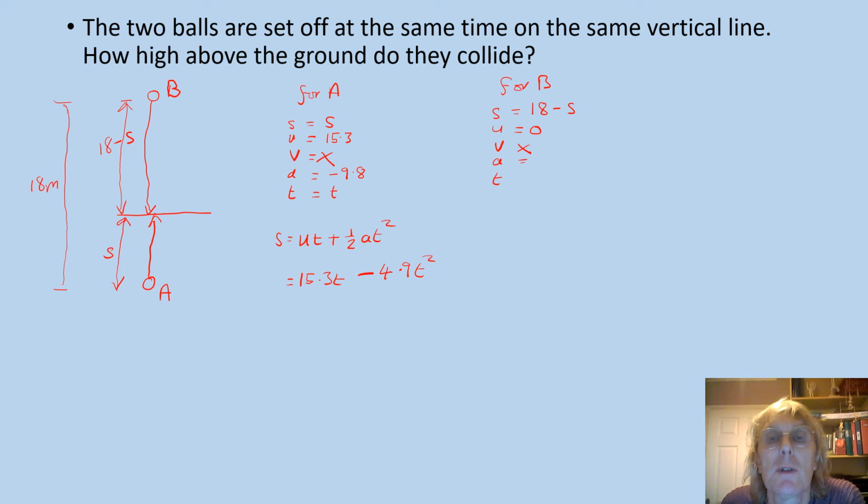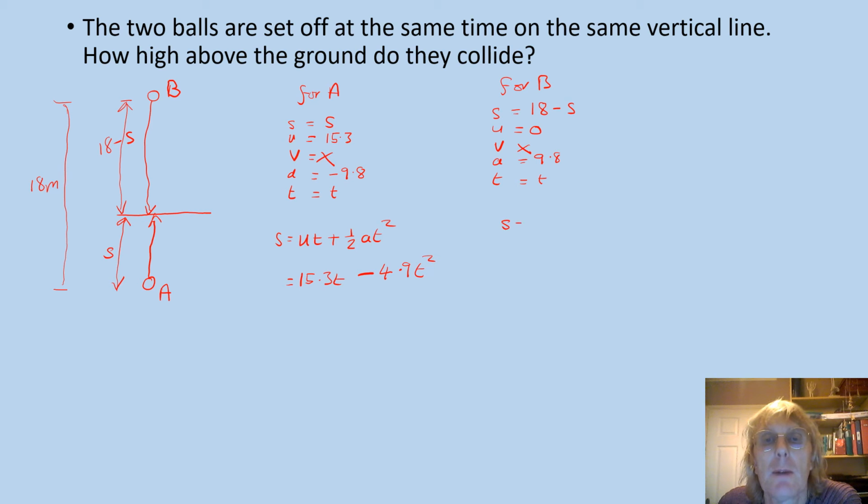A, I'm going to still consider this as positive. It doesn't matter because I'm just trying to find S. And T is what I want to find. Because when the two balls hit, they will have both been travelling for the same amount of time. So T is going to be T in both equations.